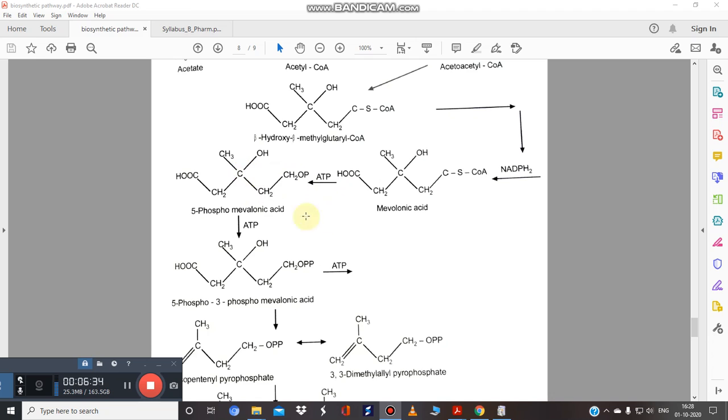What is the difference between these two structures? At this point it will form CH2OP, that is the 5-phosphomevalonic acid. Here it is CH2OH, and it will convert into CH2OP. Then again it will undergo ATP-mediated phosphorylation and CH2OP becomes CH2OPP, and the remaining structure will be the same.